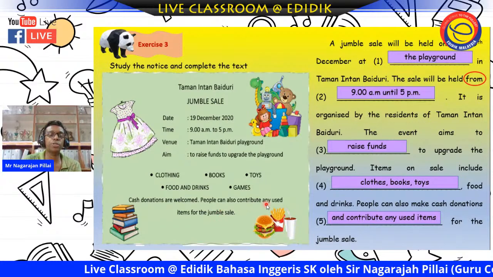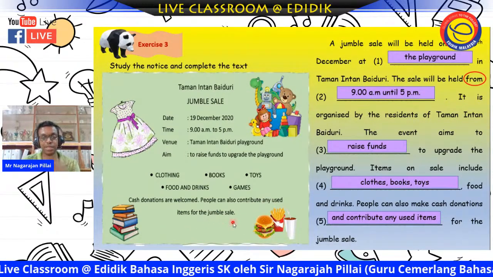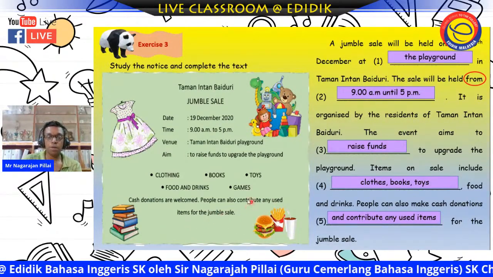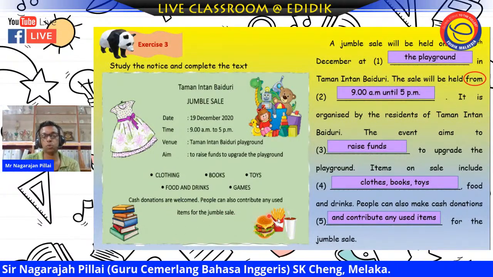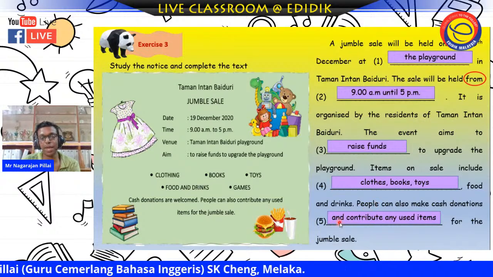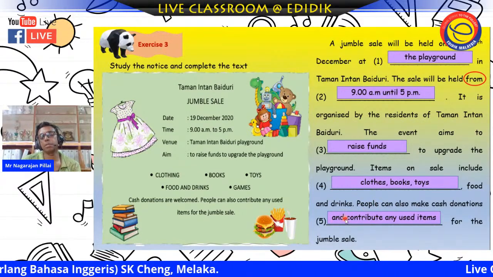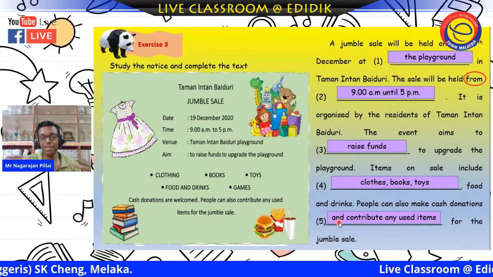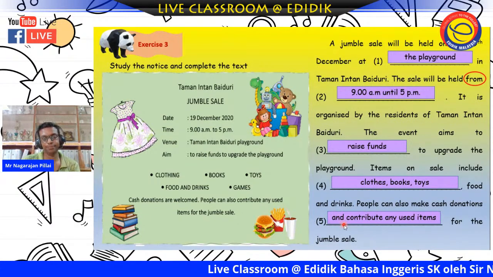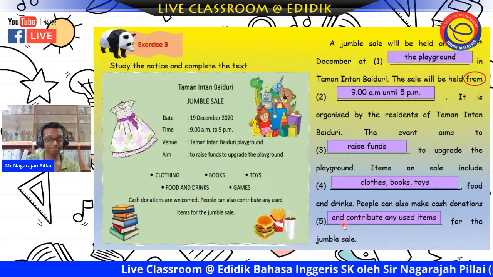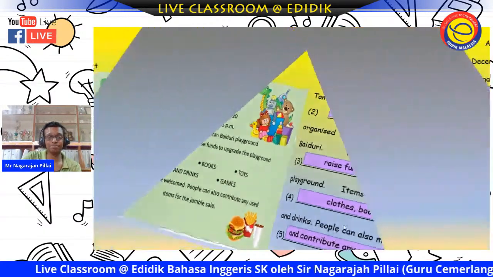People can also contribute any used items for the jumbo sale. Second idea. Okay, both these ideas have been combined into one sentence. So it is very important for you to add the word and. When you combine two ideas, the conjunction that we use is the word and. Clear? Well done. Good.